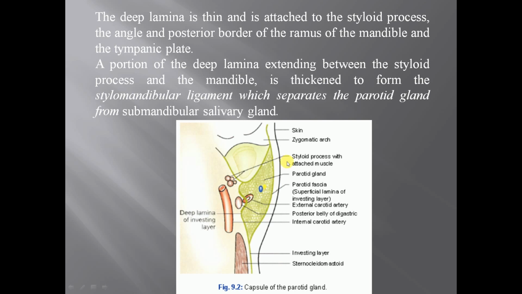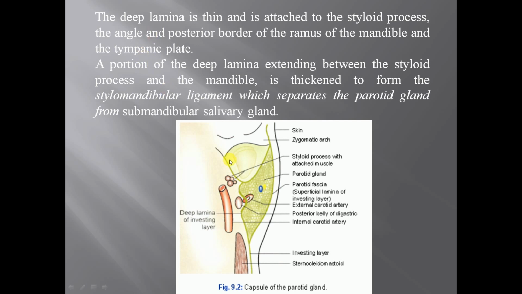I repeat, it is divided into two parts, the superficial layer and the deep layer. The superficial lamina is thick and attached above to the zygomatic arch, while the deep lamina is thin and attached to the styloid process, the angle and the posterior border of the ramus of the mandible and the tympanic plate.